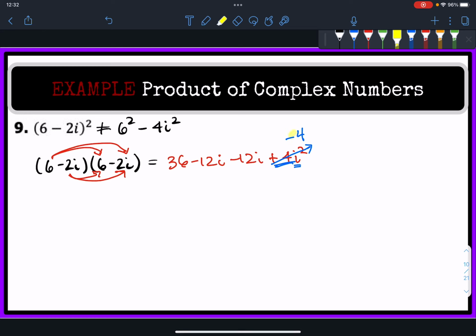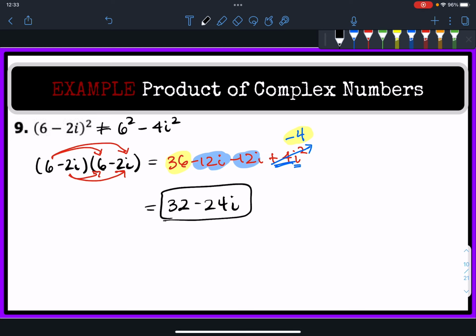And we can combine that negative 4 with that 36. So we have two real numbers here that can be combined together, which is going to add up to a total of 32. And then we have two pure imaginary parts that can be combined together to give us a total of negative 24i. So here is the solution.